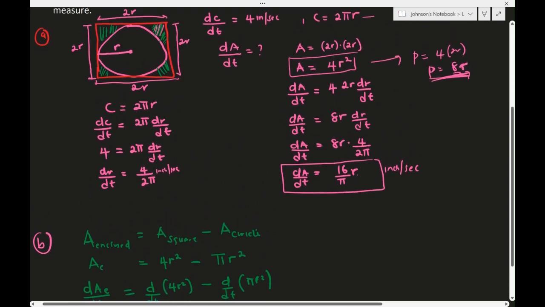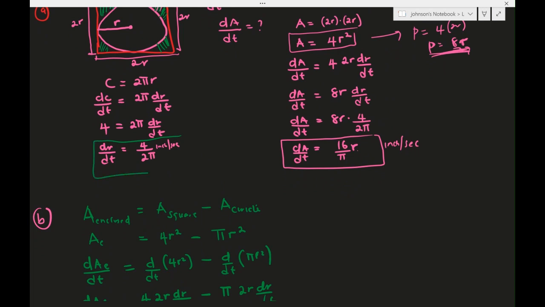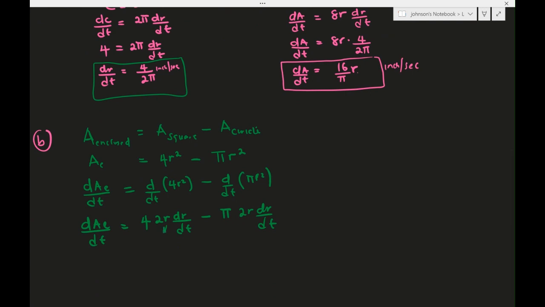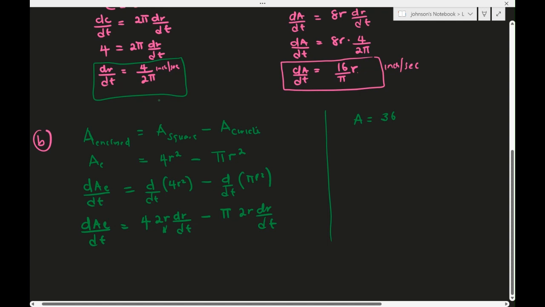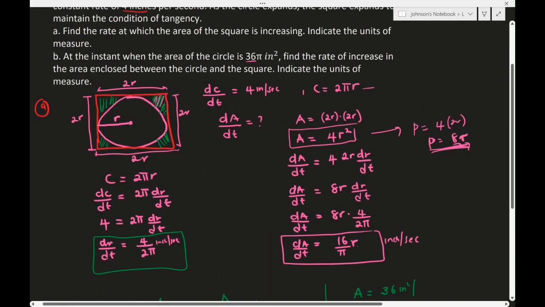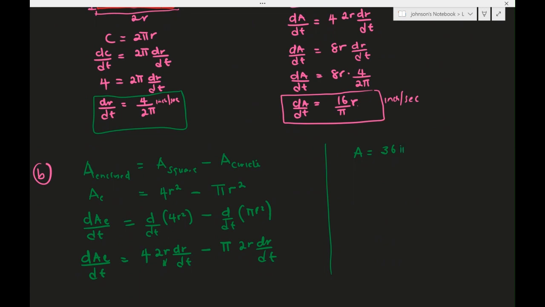Now, I think we know the dr/dt in every case. We know the dr/dt already. Look at the dr/dt. All right. But what we don't know is what is r. We don't know r. But we are given in the B part that the area is 36 pi inch square.